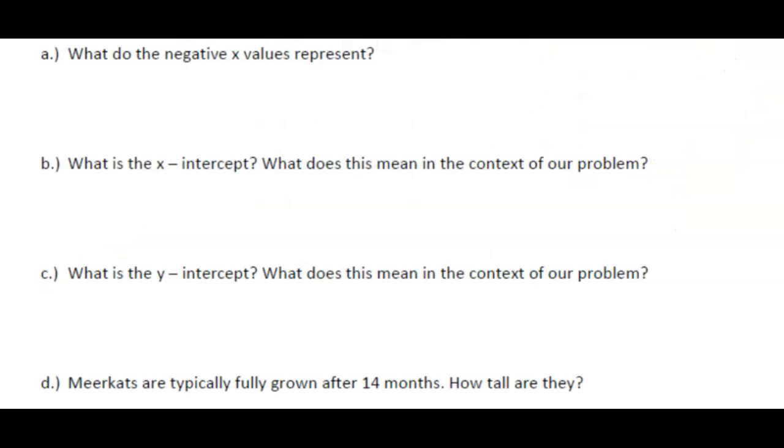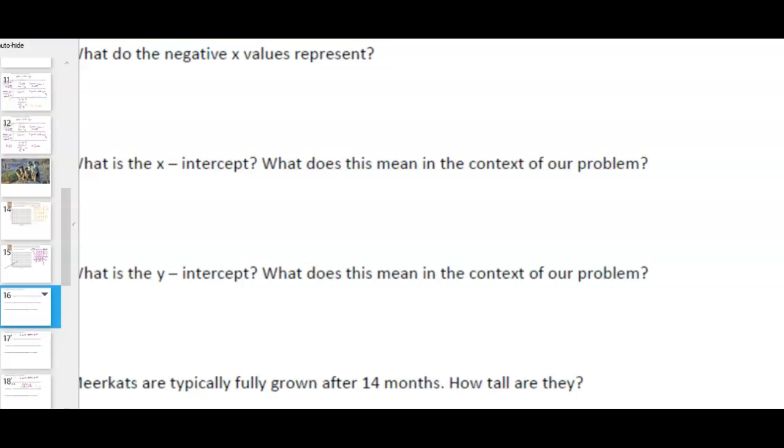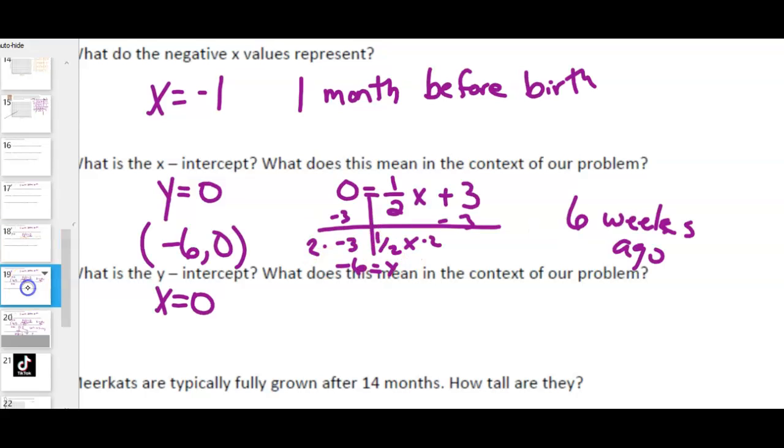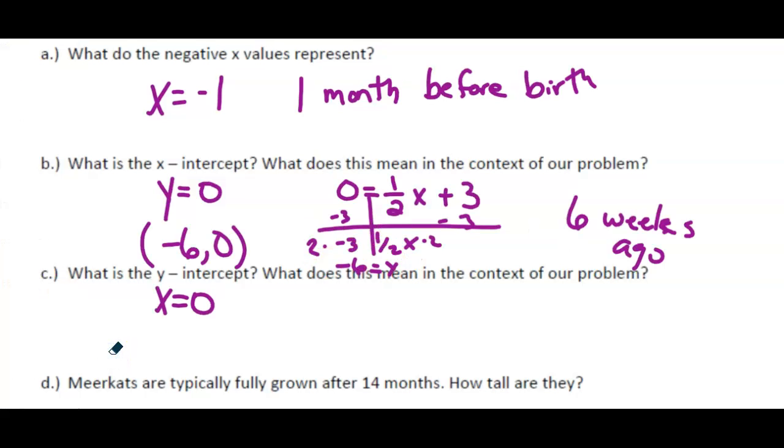Okay. When I am looking at my y-intercept, on the other hand, here we go. My x is equal to 0, okay? And we can figure out, using my equation, y equals 1/2 times 0 plus 3.